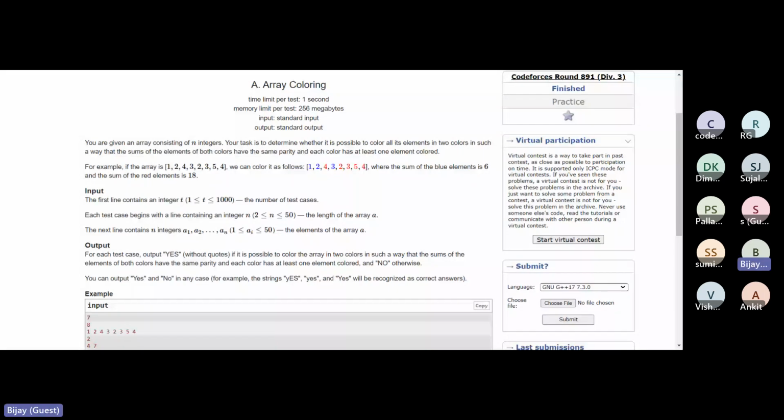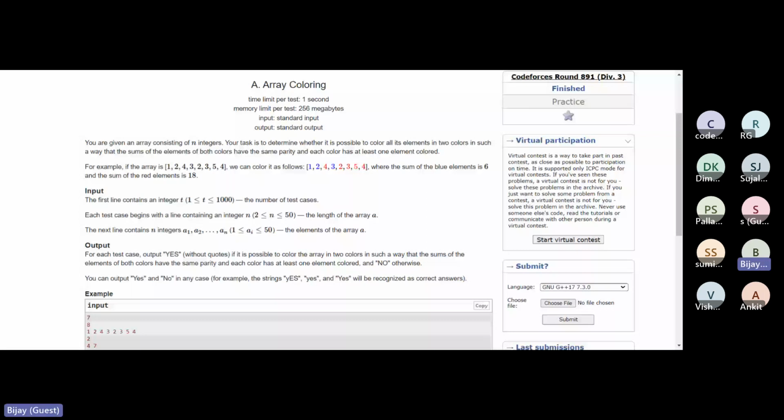In either case, the sum of the entire array should be even, because odd plus odd and even plus even both give us an even sum. So we can simply find the sum of the entire array.